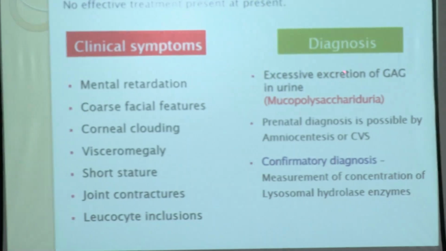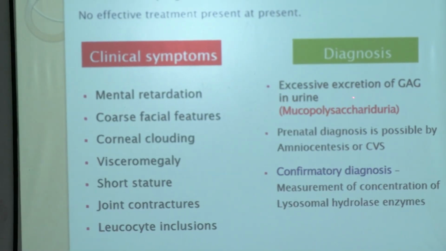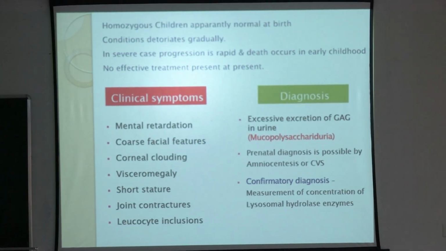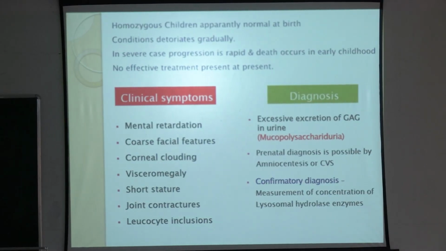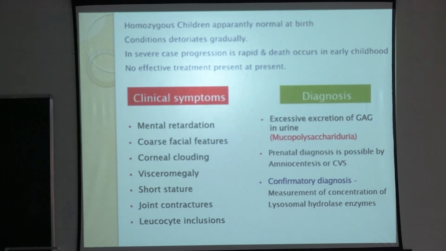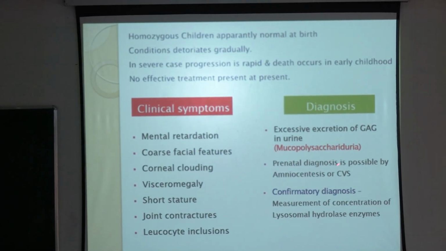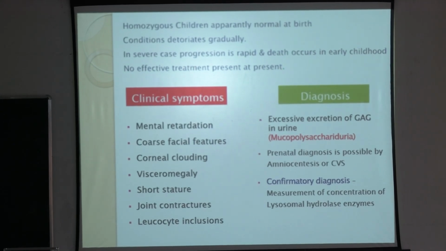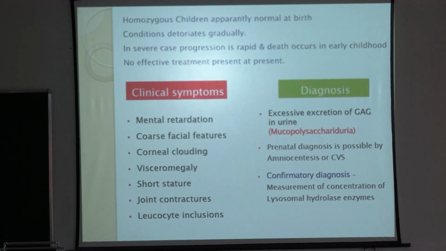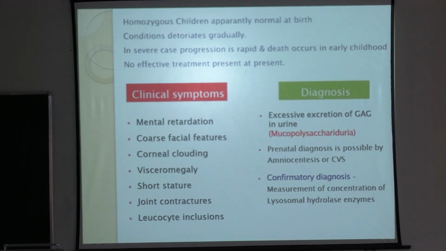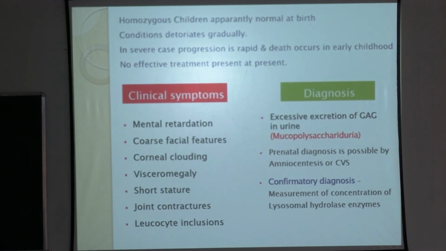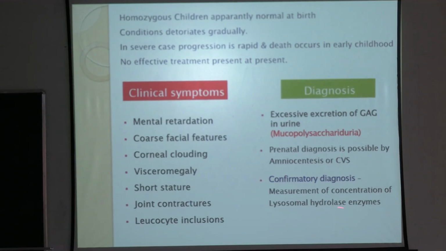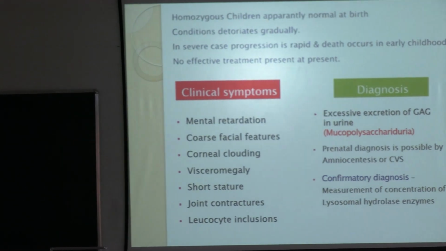Now how to diagnose this? Excessive secretion of GAGs in urine can be found, or prenatal diagnosis, which is before birth diagnosis, possible by amniocentesis. Amniocentesis means amniotic fluid extraction, and it can help in diagnosis of mucopolysaccharidosis by estimation of lysosomal hydrolase enzyme concentration.